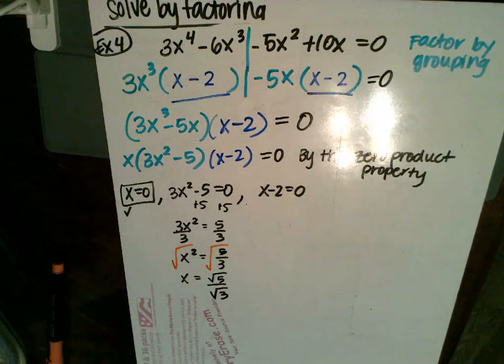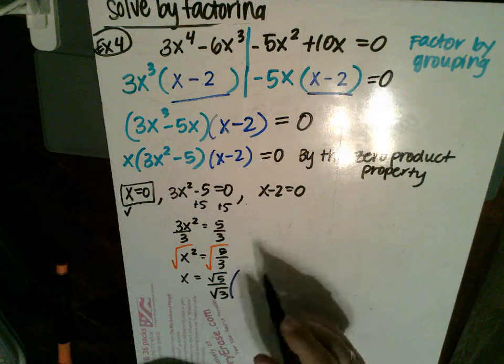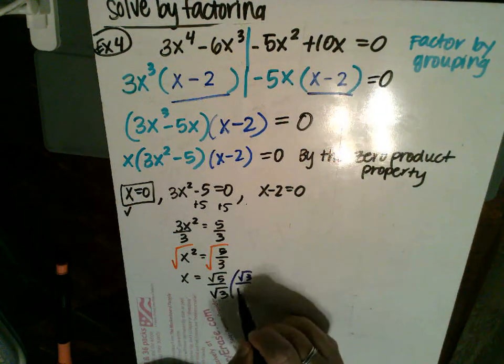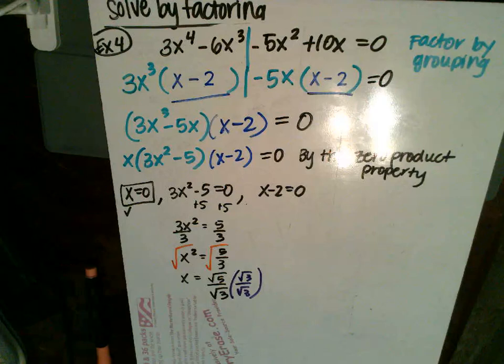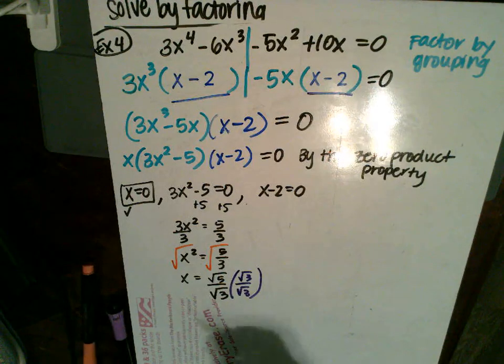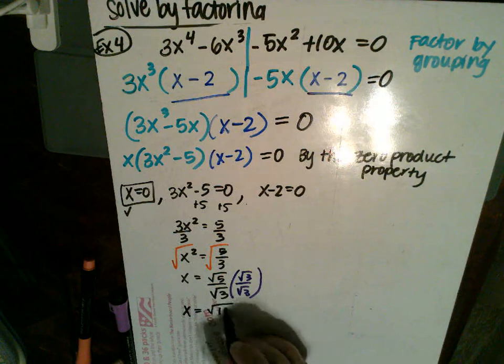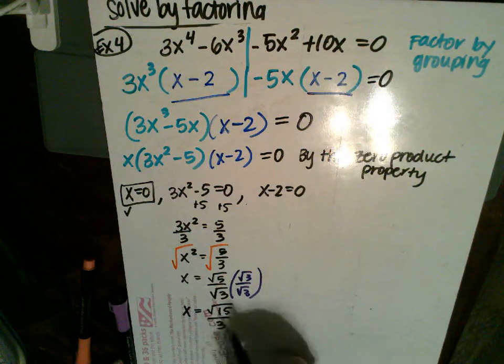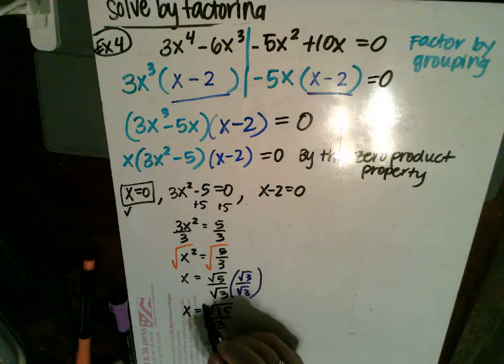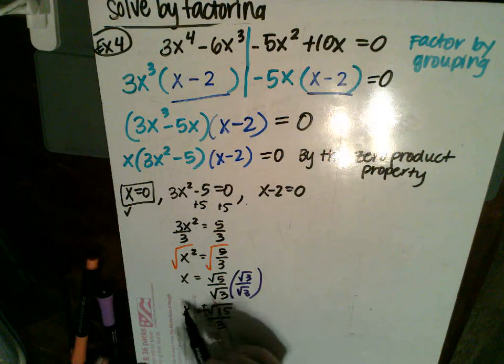I'm not allowed to have radicals in the denominator, so I must rationalize. Multiply by root 3 over 3, because that's technically 1. I end up with x is equal to the square root of 15 over 3. And I forgot my plus and minus. So plus and minus.